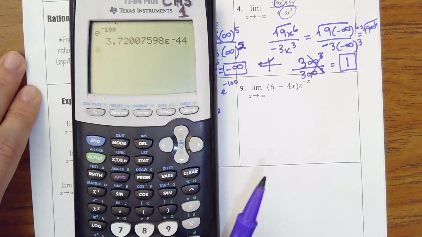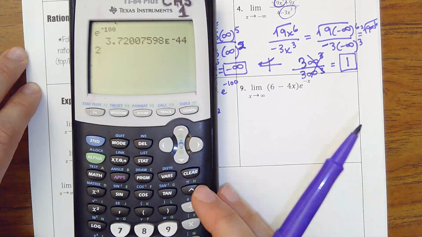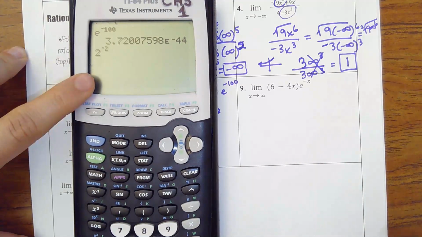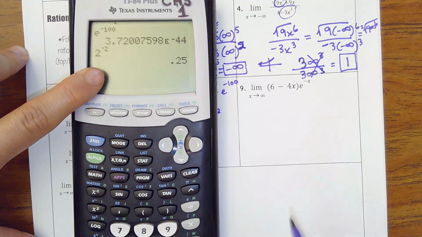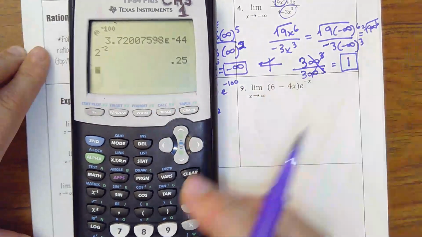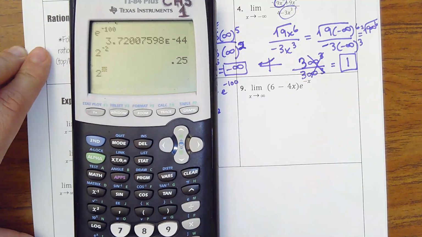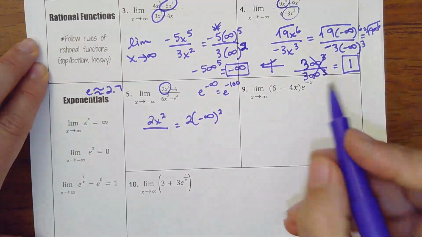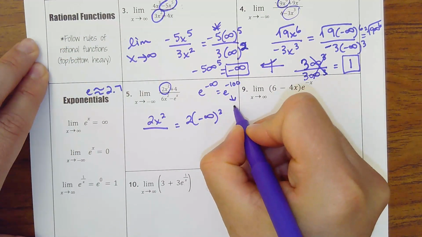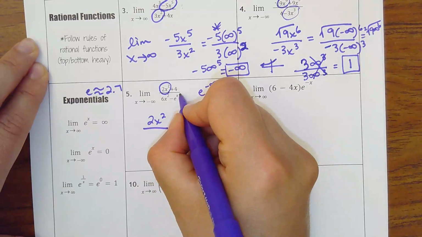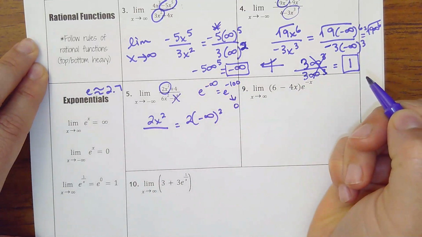Because if you remember, when I take a number, say like 2, to a negative power, let's say negative 2, that actually flips it and becomes 1 over 2 squared, 1/4, or 0.25. So when I take a base to a really negative power, I essentially come down to 0. So that's what that equals. So in this case, this actually is not going to help me.